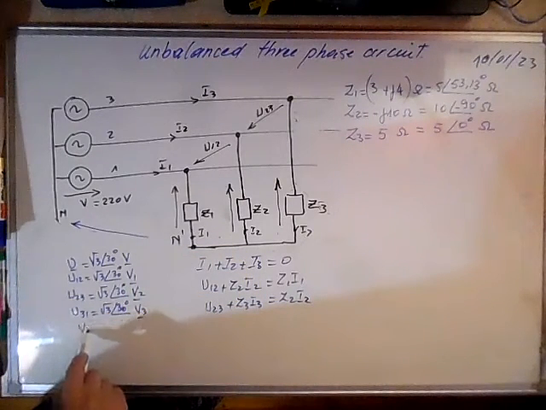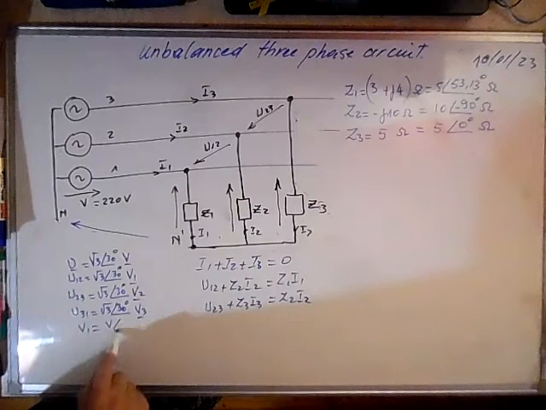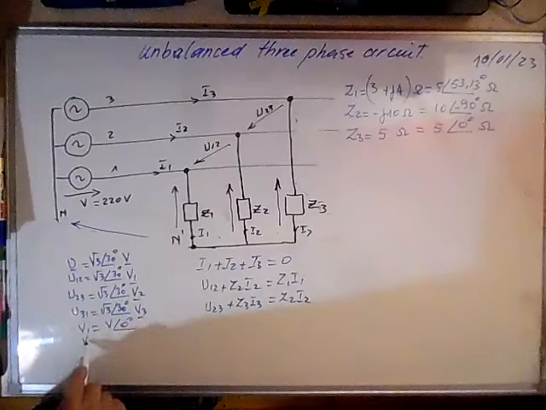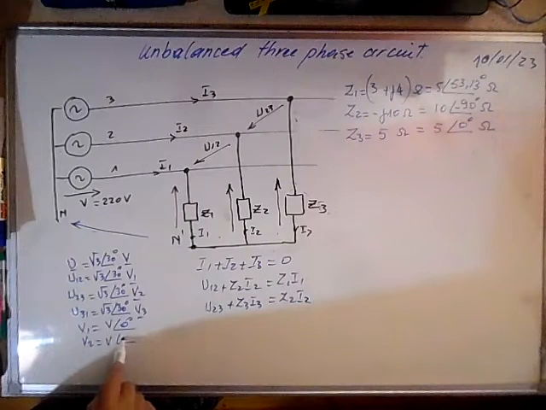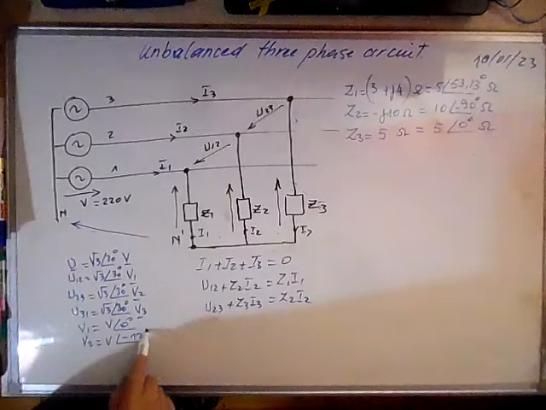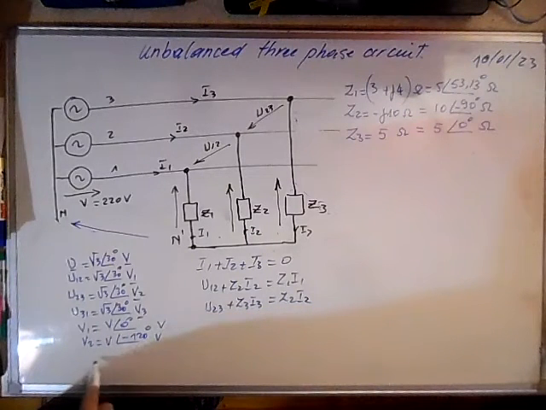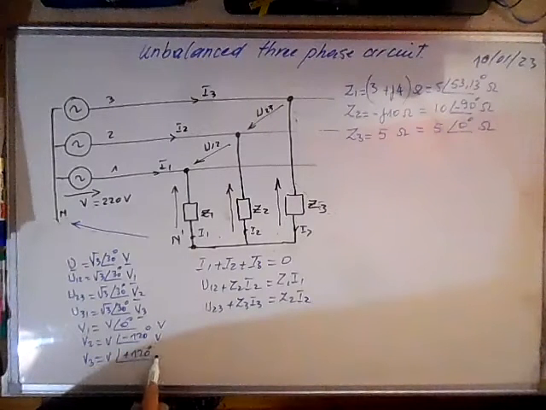Remember that V1 is the reference, V at 0 degrees, V2 is V at minus 120 degrees, and V3 is V at plus 120 degrees, in volts, of course.